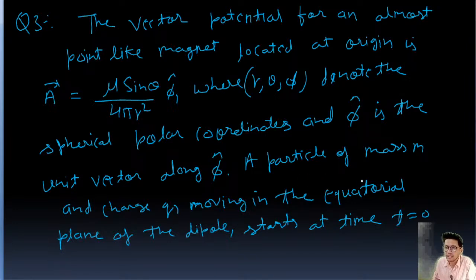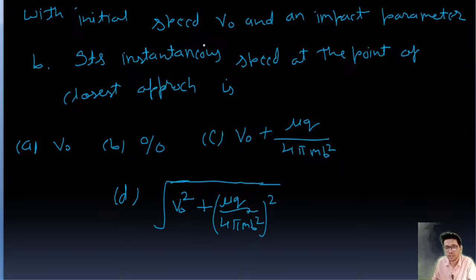A particle of mass m and charge q moves in the equatorial plane of the dipole, starts at t equal to 0 with initial speed v naught and impact parameter b. We need to find its instantaneous speed at the point of closest approach. Very simple question, so I'll explain now.